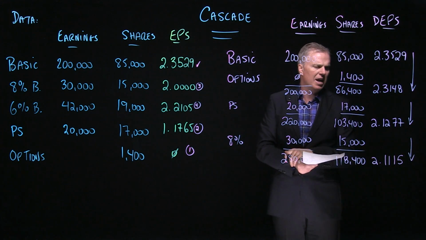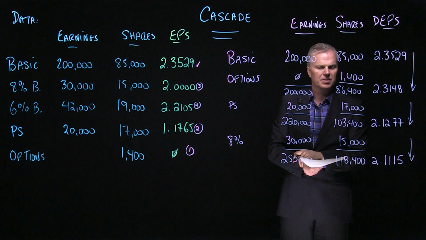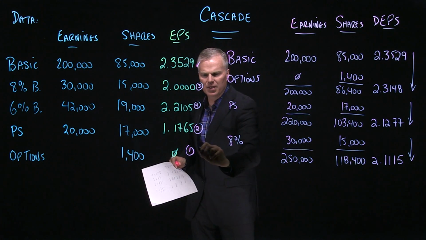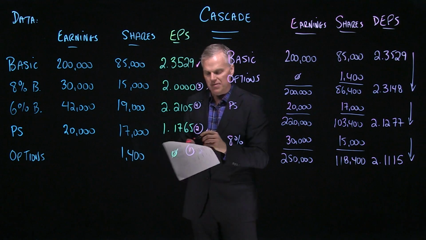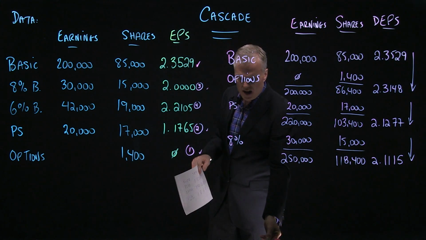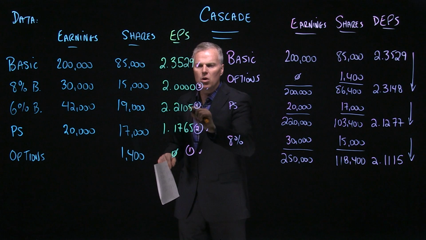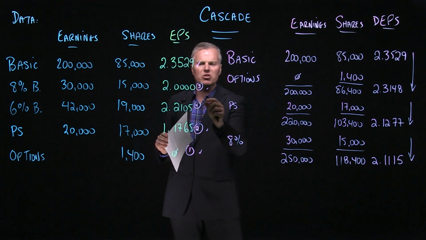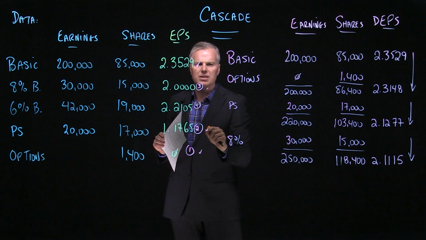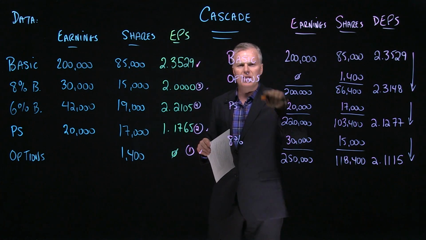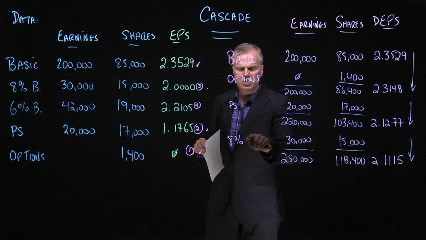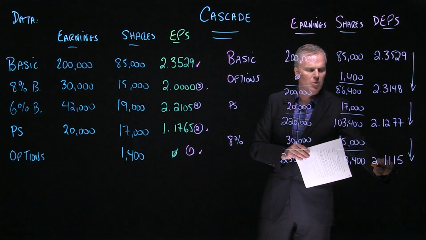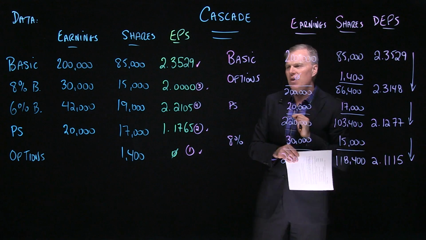That means that I can add this. Now here's where it gets interesting. I've got one left to do. I've done this one, and this one, and I've done it in the proper sequence. And then when I look at this, I go, whoa, 2.21. Initially I thought this would be dilutive because it was lower than our basic EPS. But you can see that the effect of the options, the preferred shares, and the 8% bonds have now created a diluted EPS number for us of 2.115.